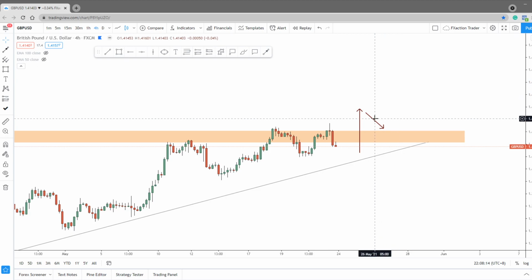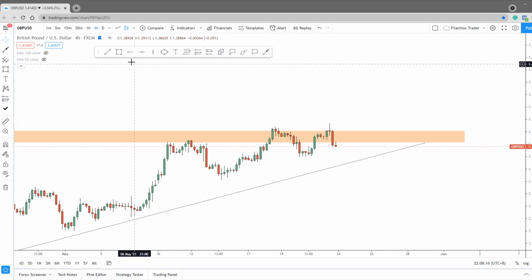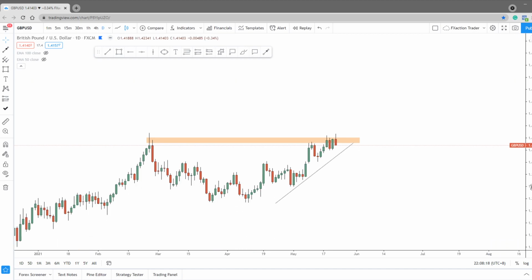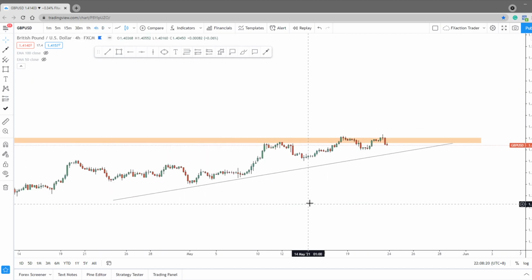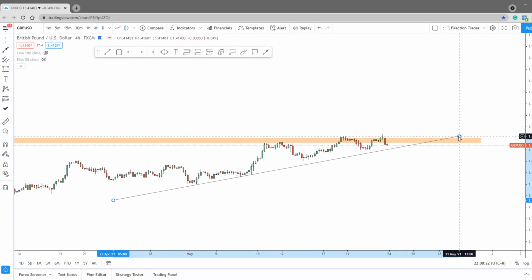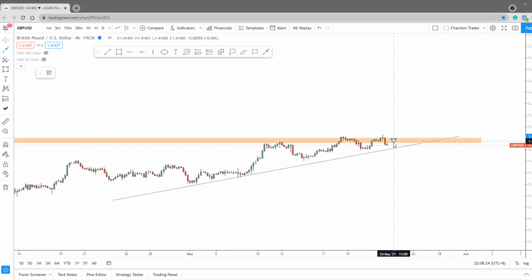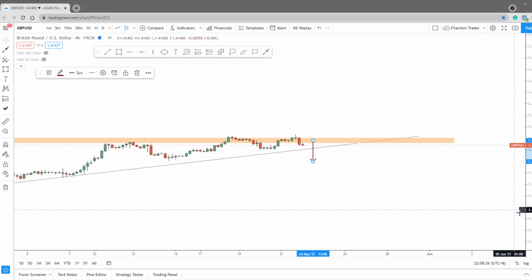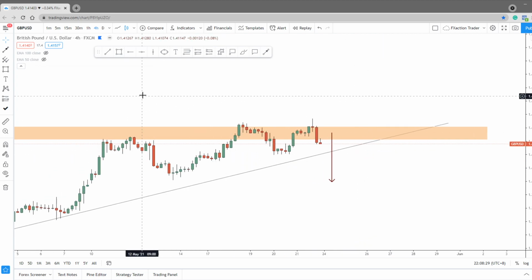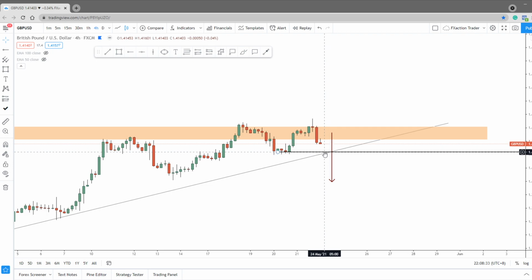Well, if market decided to go for a short trade, what we can see is that market is likely to break this trend line, followed by a break of this nearest key level, and market is going to create a new low before the downtrend is confirmed.